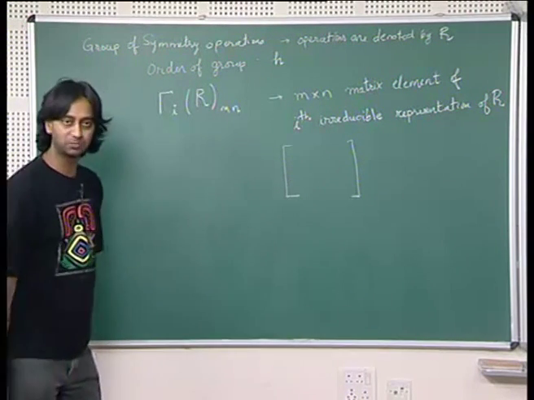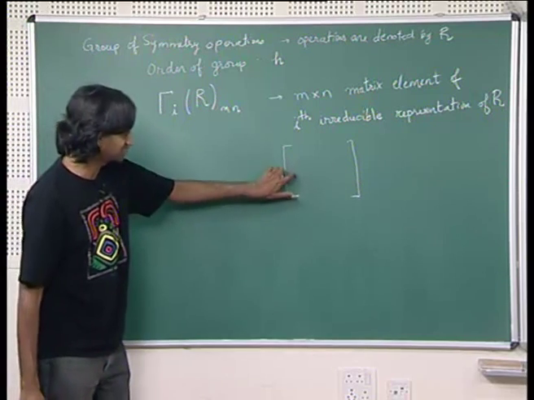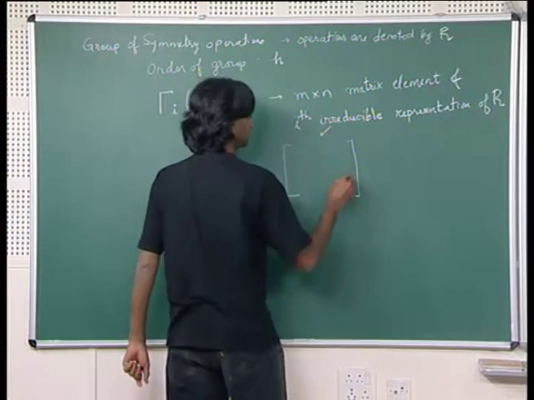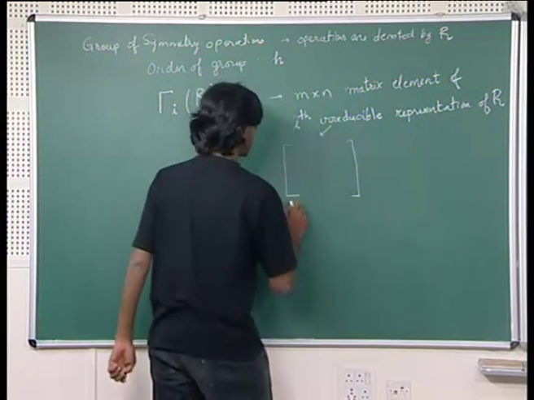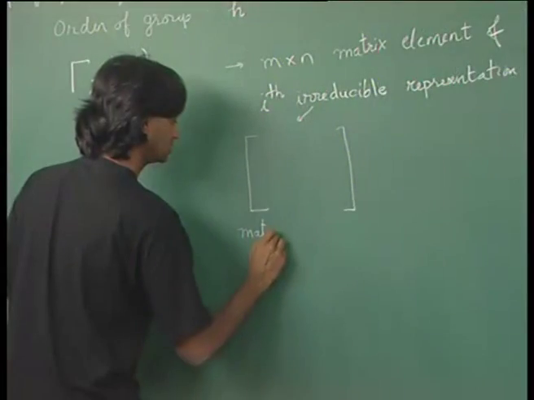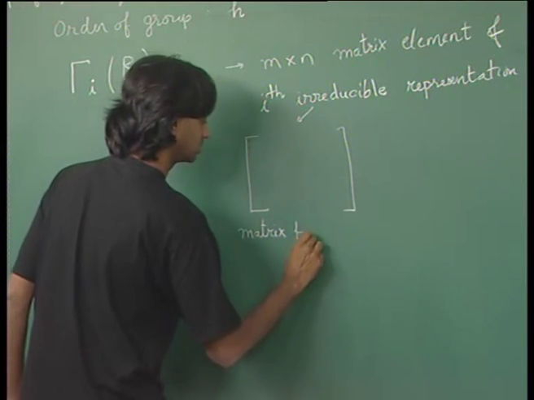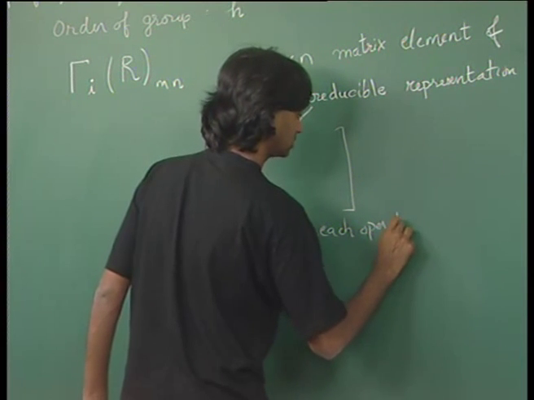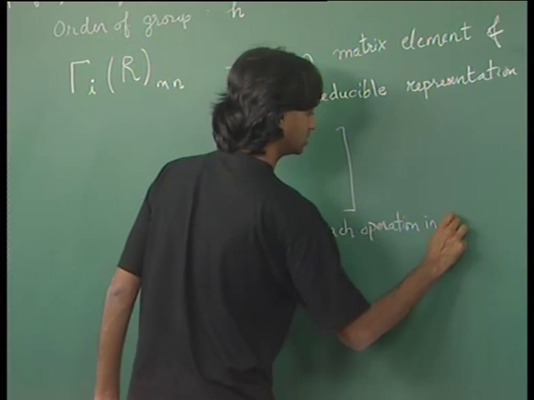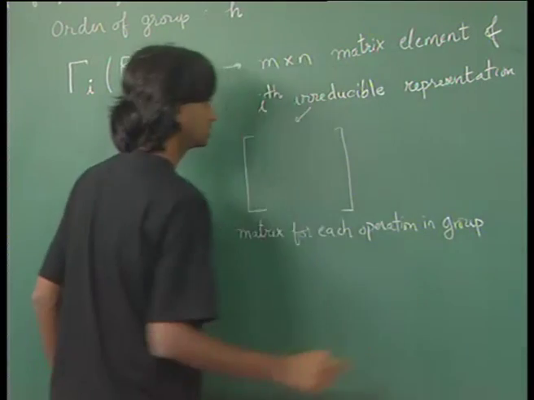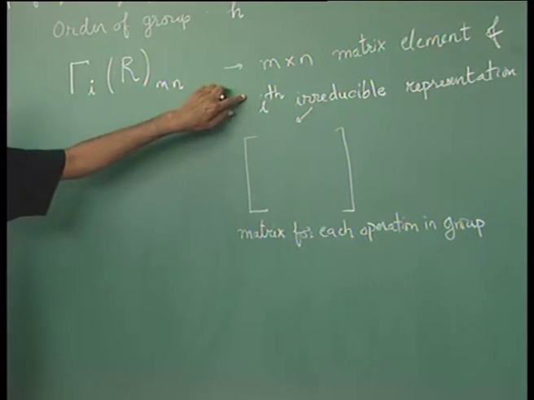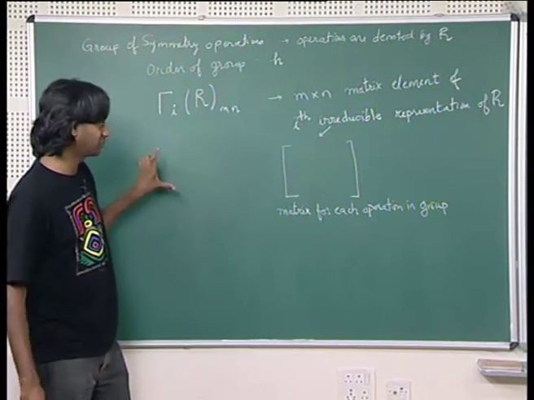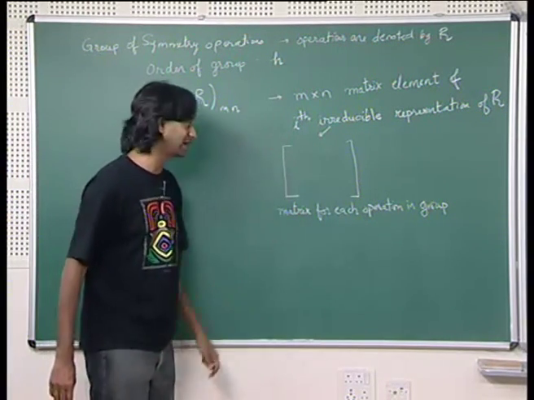So, you have a matrix for each operation in the group. For the ith irreducible representation, you will have a matrix for R, and a matrix for all the symmetry operations.